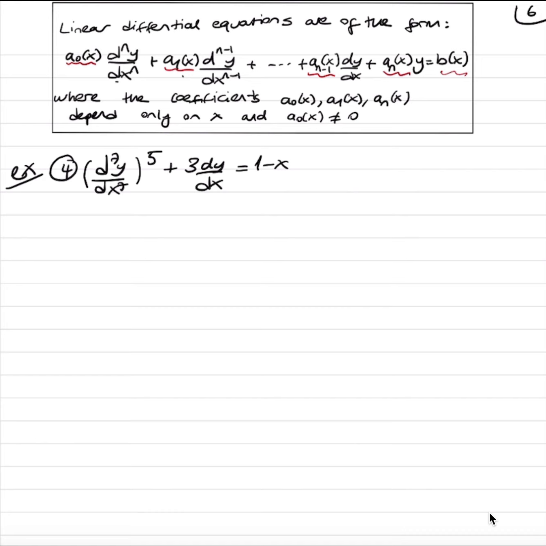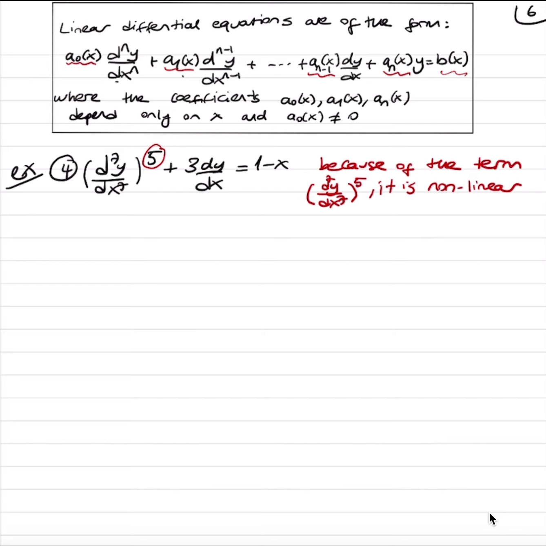It seems that this doesn't have a problem, but because of this fifth power, and in a linear differential equation the derivatives don't have any power, it is nonlinear because of the term (d^7y/dx^7)^5.